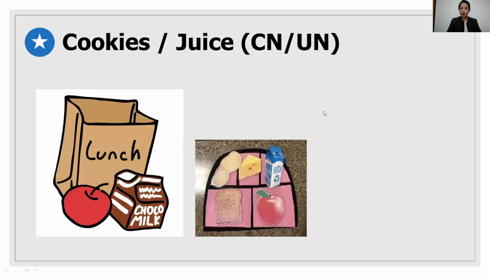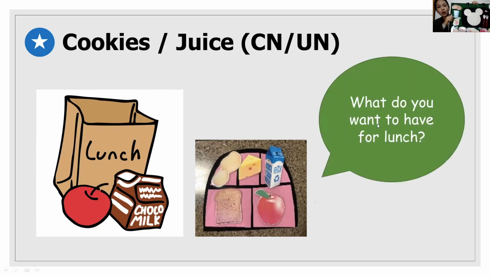Okay, after learning about the noun, the students will compare the count noun and non-count noun. So I made this kind of meal kit like this. What do you like to have for your lunch? Yeah. So your students should say some water. Yes, it's a non-count noun, right?